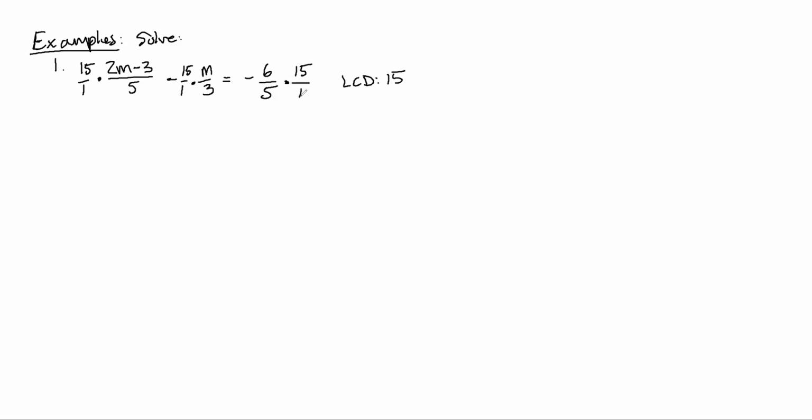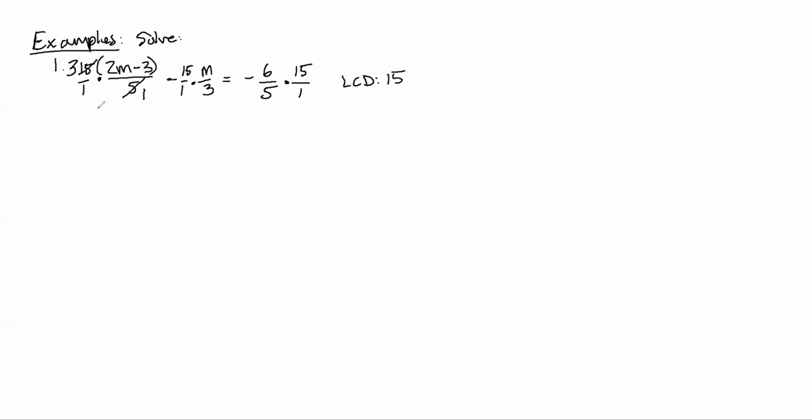And now for this one, this first term is where you have to be careful. So if we go ahead and reduce the 5 and the 15 to a 1 and a 3, we're taking this 3 and we're multiplying it by 2m minus 3. Anytime you have addition or subtraction, I would throw parentheses around that group because we're going to have to distribute.